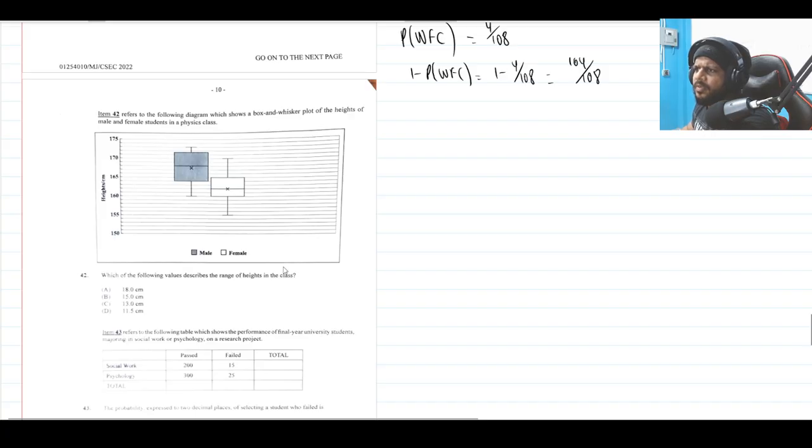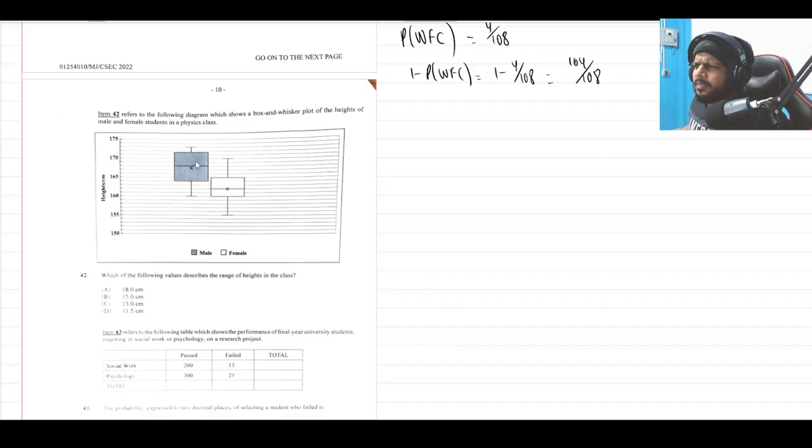The following refers to the diagram which shows a box and whisker plot of the heights of male and female students in a physics class. Which of the following describes the range of the heights in the class? Alright, so they're talking about the range of the heights of everybody in the class. So we'll just take the lowest height and the highest height and take them away from each other.